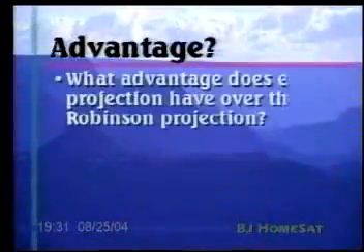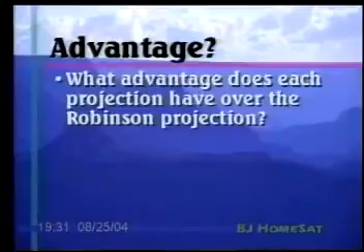Okay, most of the world map projections in your textbook are based on this Robinson's map right here, so you'll be seeing that quite a bit. Now think about this. What advantage does each projection, Mercator's and Goode's, have over the Robinson projection?